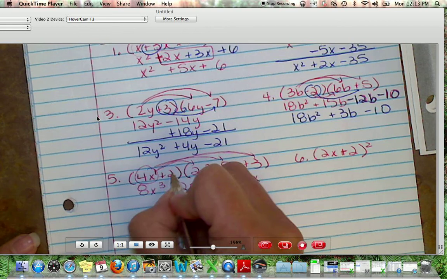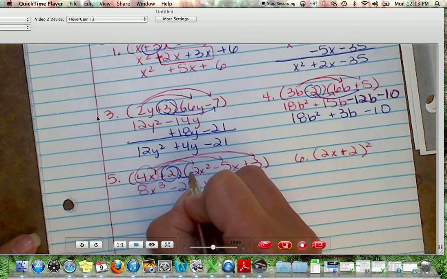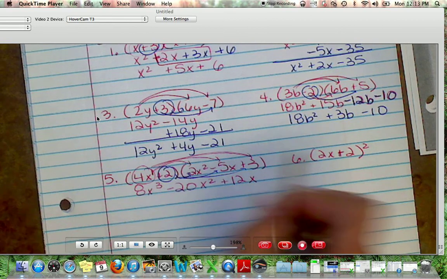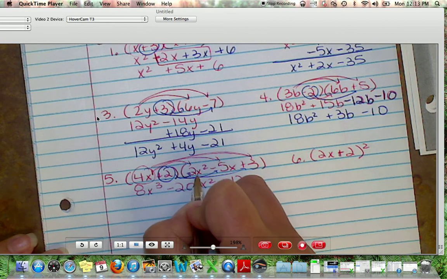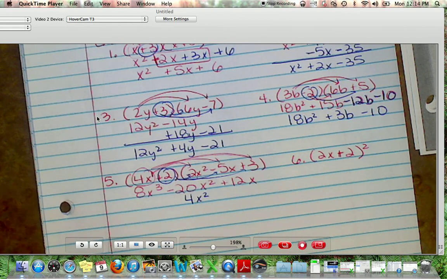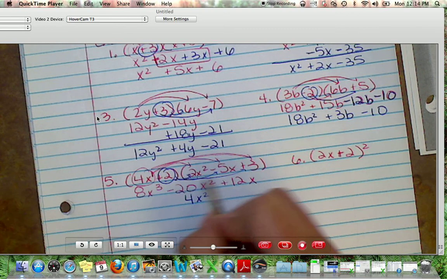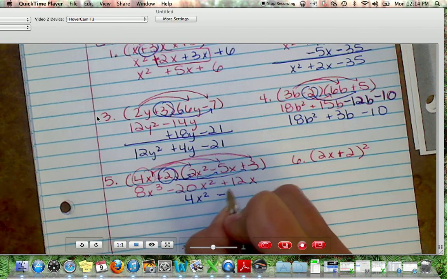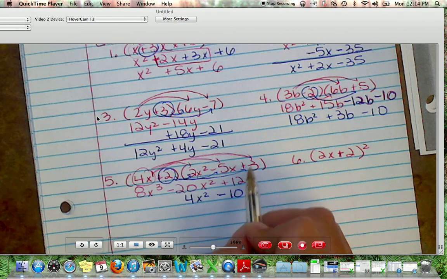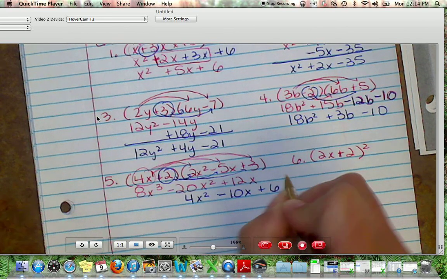Now I'm going to pass out the 2. And here's where the stacking helps a little. Look, I'm going to run out of room here. So I'm going to stack. 2 times 2x squared is 4x squared. That's a squared term, so I should stack it under the other squared term. Now, 2 times negative 5x would be negative 10x. And 2 times positive 3 would be positive 6.